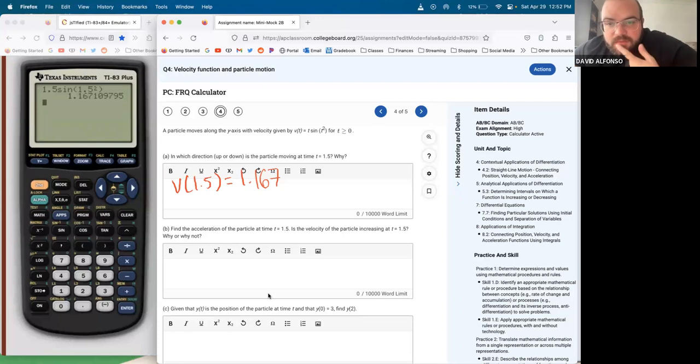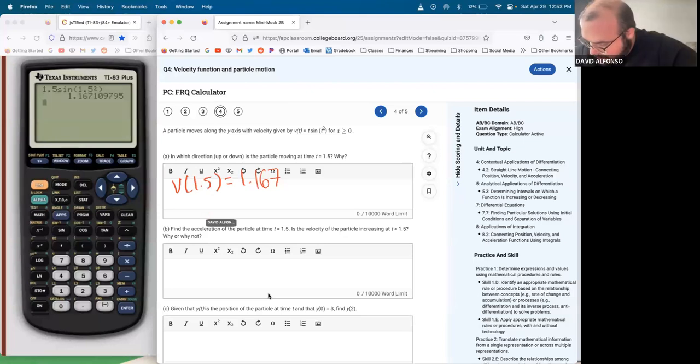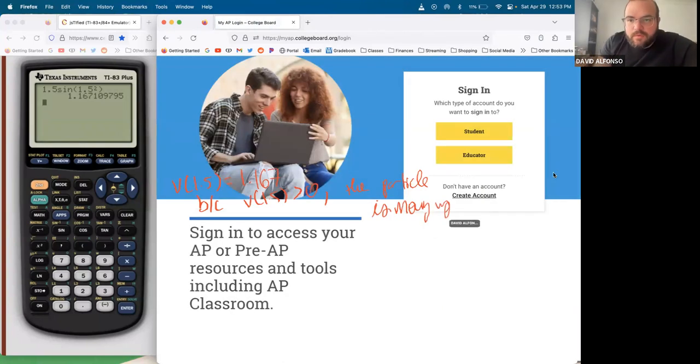We're not talking about the x-axis. The particle is moving along the y-axis, so instead of right, it's up. Moving up, yes. So basically you'd say because v of 1.5 is greater than 0, the particle is moving up.